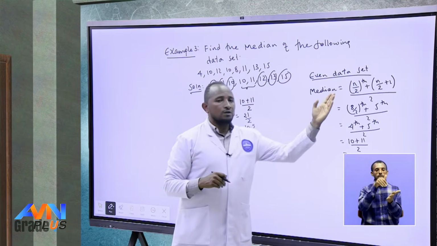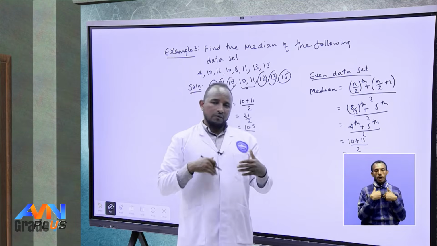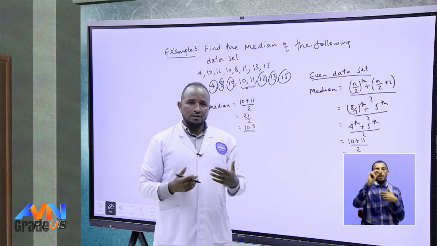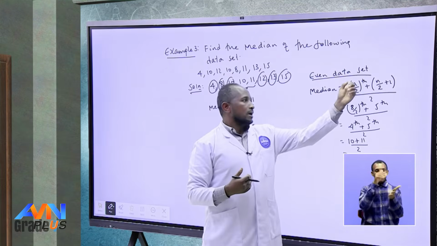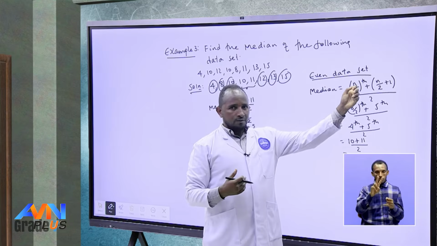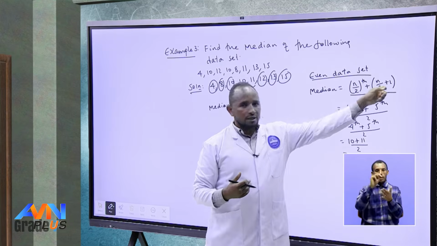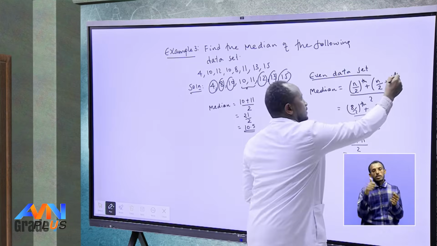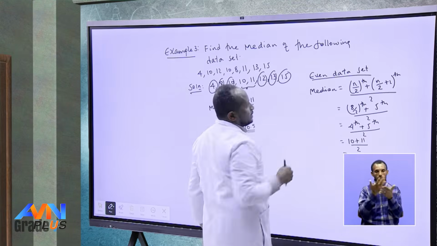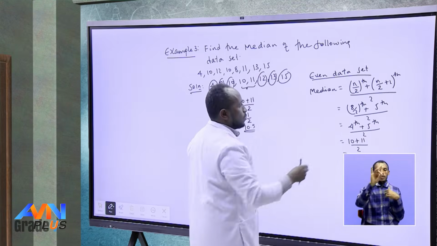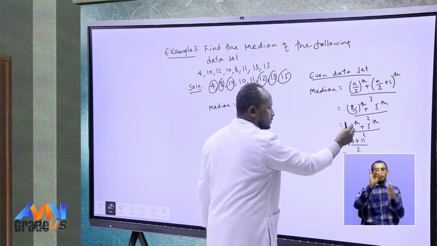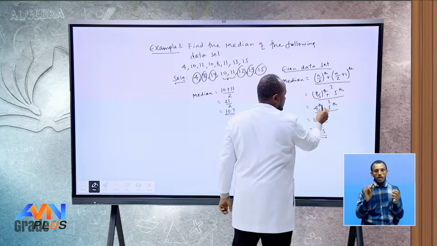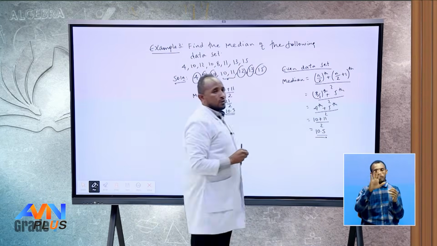Or if we have n even data, the median will be the average of the n over 2's item and the next item. Here we have 8 data, so 8 over 2 is the 4th item. The next will be the 5th item. You take the average of those 2 items, that's it.